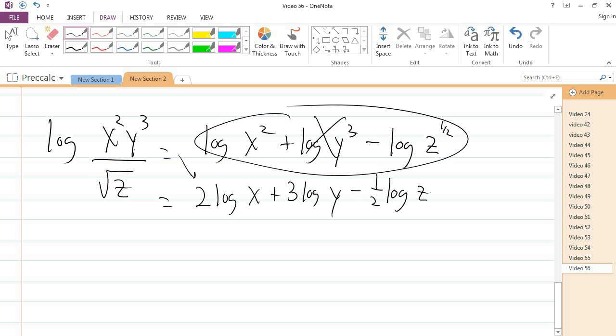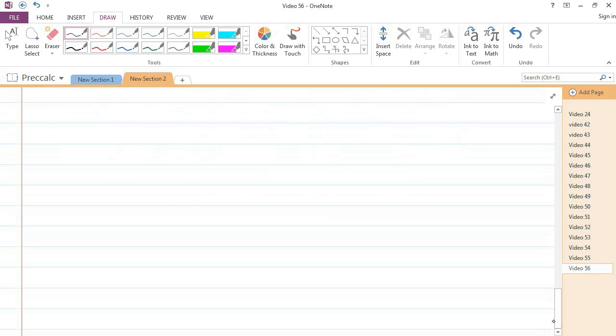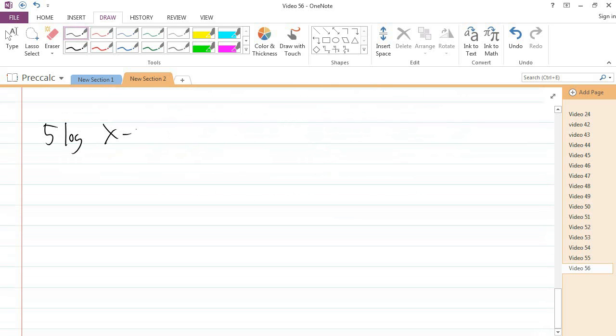Now, in all of these examples, we are taking a single large log and writing it as a bunch of little logs. What if we go the other way? What if we take a bunch of little logs, and 7 is my base?